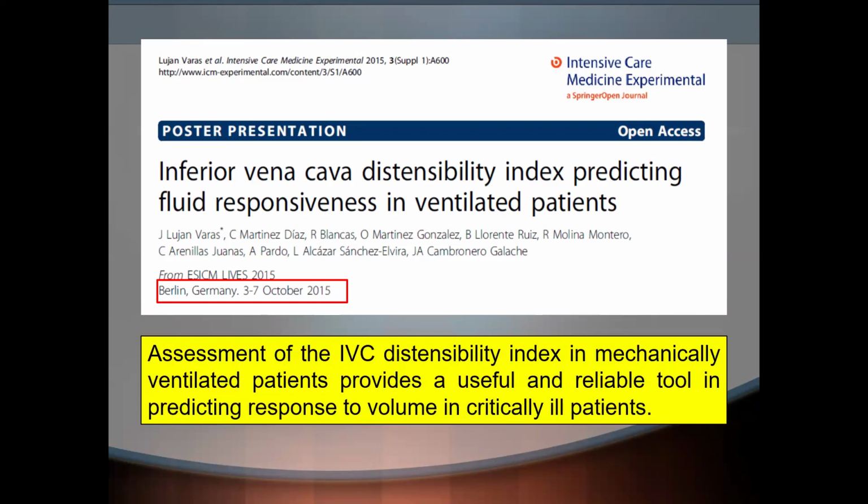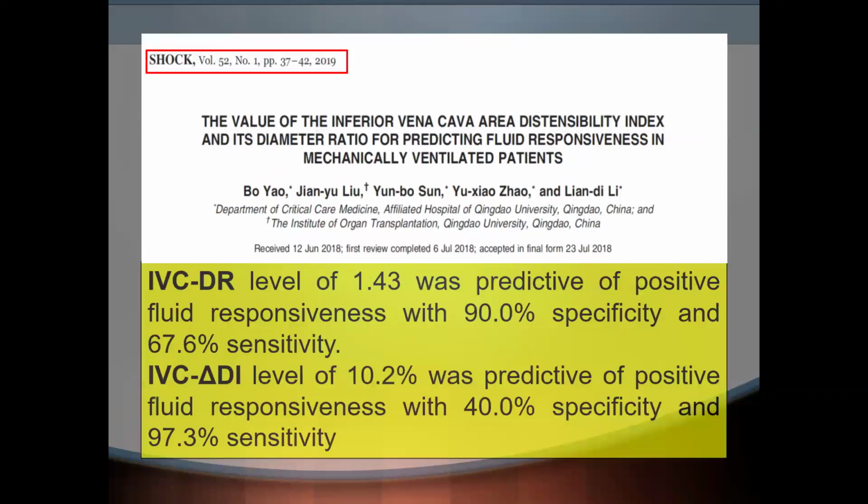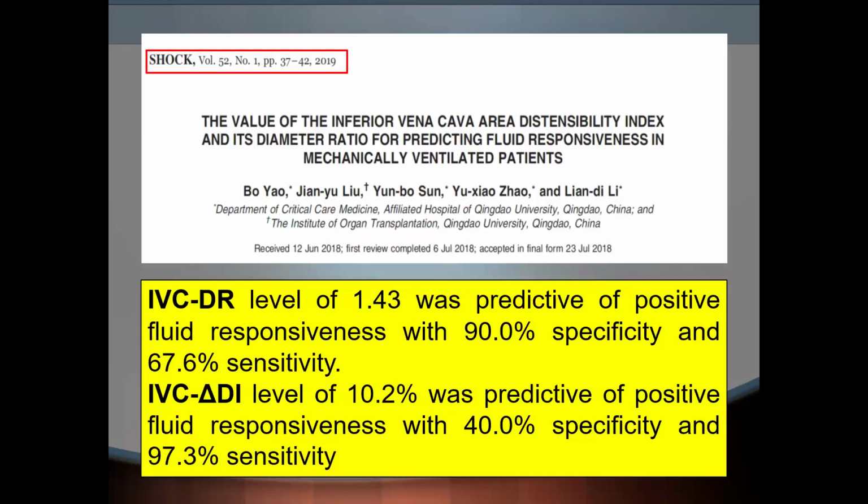Assessment of the IVC distensibility index in mechanically ventilated patients provides a useful and reliable tool in predicting response to volume in critical patients. This is another study in Shock journal 2019. They give us the value of the IVC diameter and the IVC distensibility index variation.